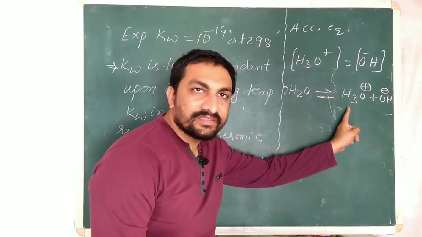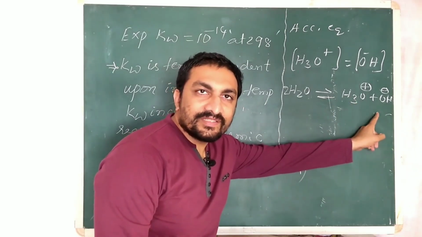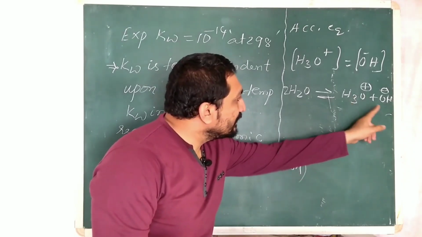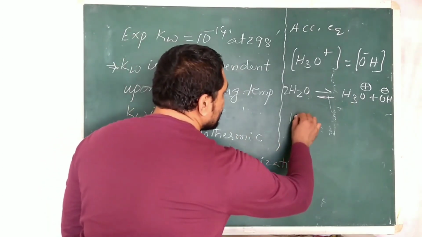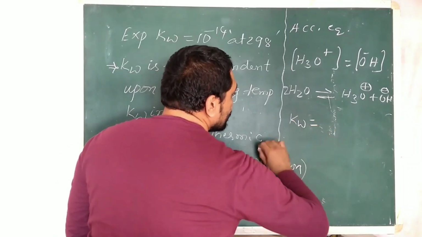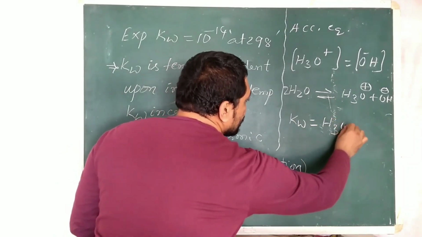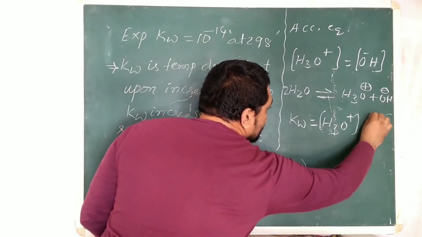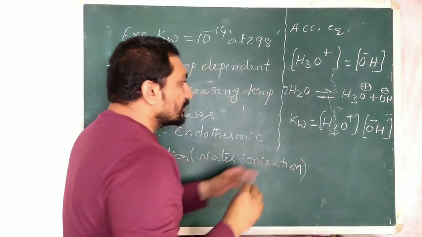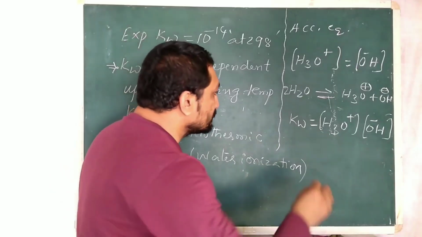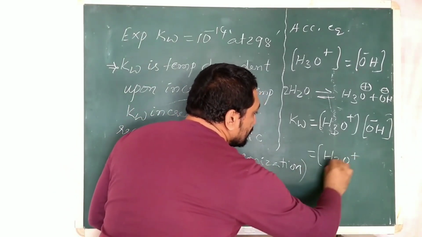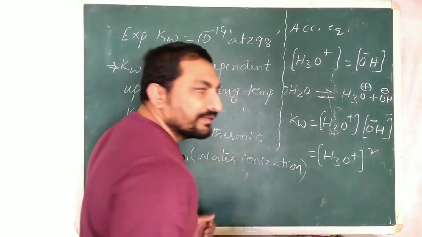So from 2 moles, 1 mole H3O plus is formed, 1 mole OH minus is formed. So that means their concentrations are equal. Now according to the Kw formula, Kw equal to H3O plus concentration into OH minus concentration. Now we know that H3O plus concentration is equal to OH minus concentration, therefore H3O plus concentration square.